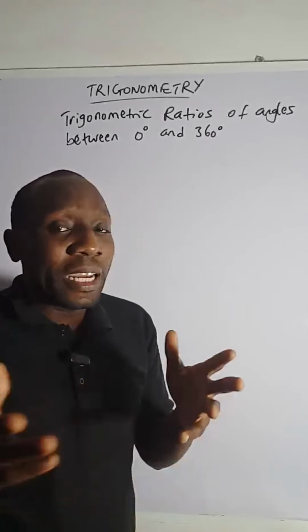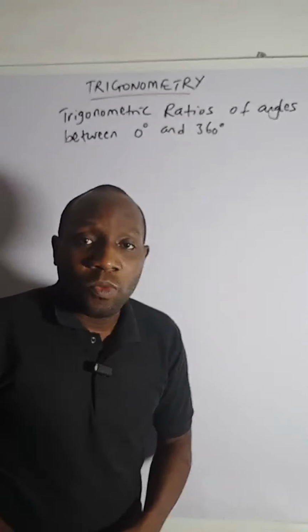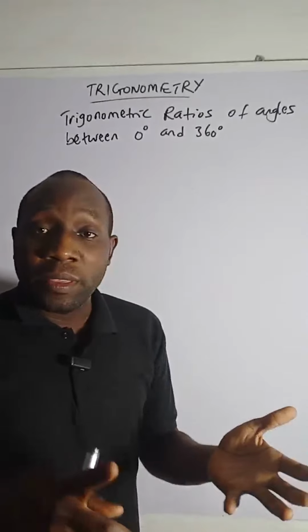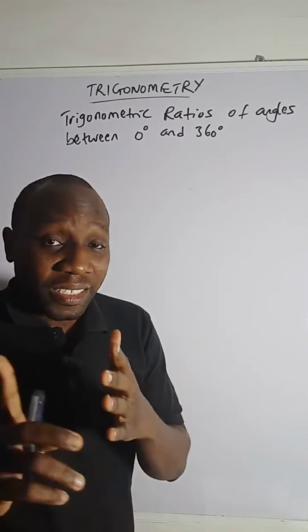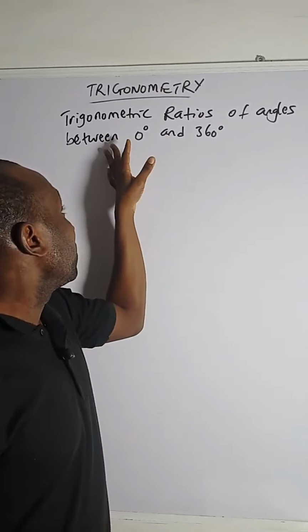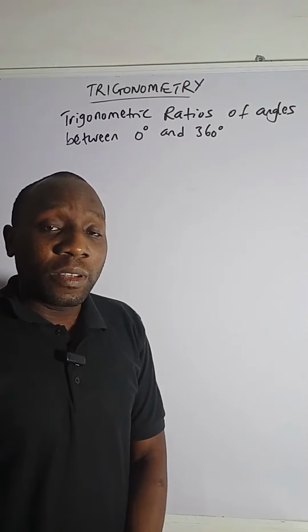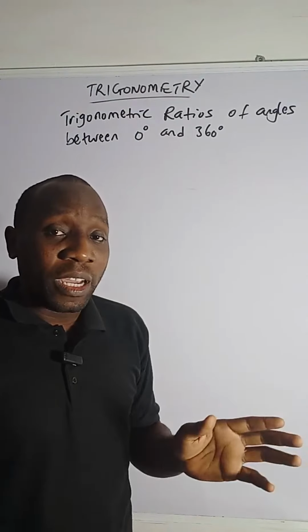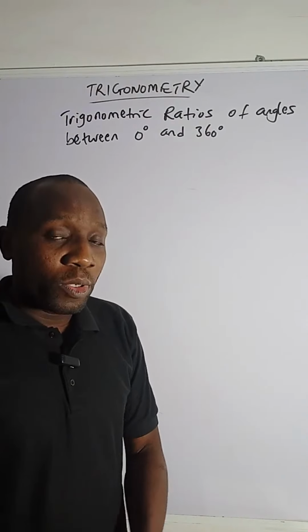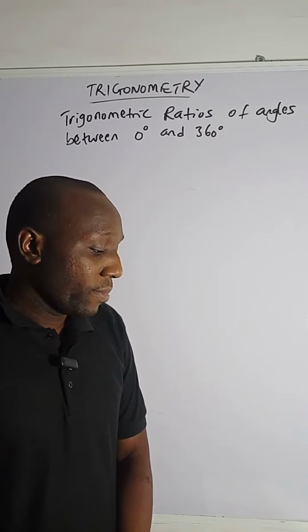The special angles we looked at the other time were just 30 degrees, 45 degrees, and 60 degrees. But what we have here is angles between 0 degrees and 360 degrees. We're not just going to be talking about acute angles now, but reflex angles, obtuse angles, okay?